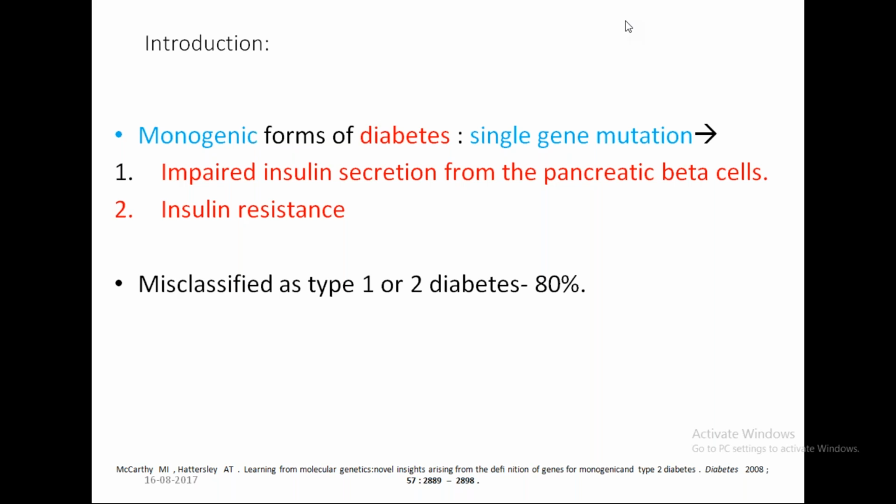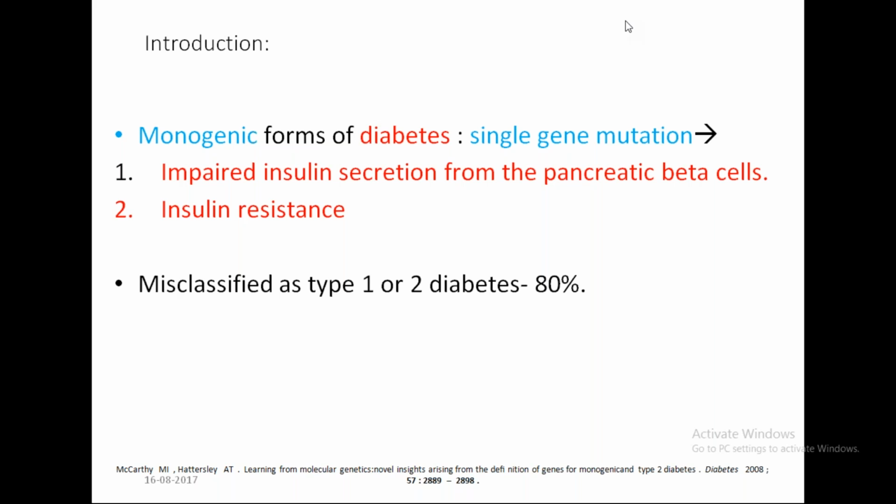Either it might be genetic or viral related in type 1 diabetes, or it might be because of obesity, metabolic syndrome, insulin resistance in case of type 2. If these two occur because of a genetic defect, that is monogenic form of diabetes.